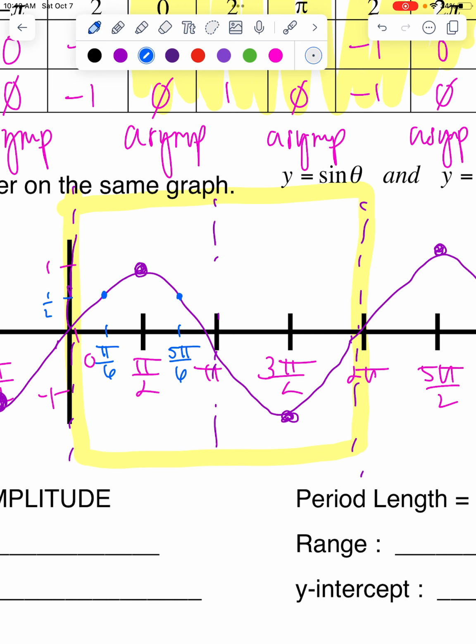Now if I did cosecant, that is just whatever your sine value is, 1 divided by that sine value. So I have 1 divided by 1/2 for both of these values of pi over 6 and 5 pi over 6. So 1 over 1/2, that's just going to turn to 2. So I will go ahead and graph these points.